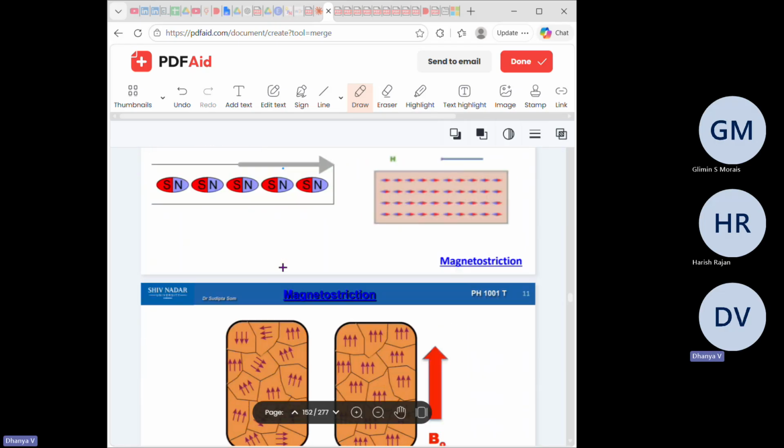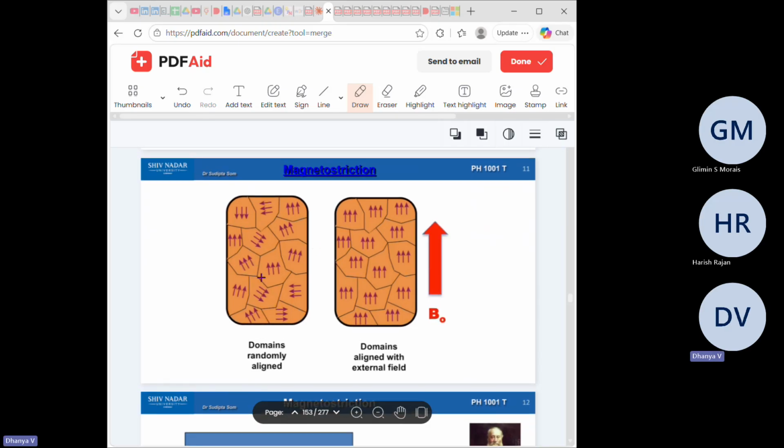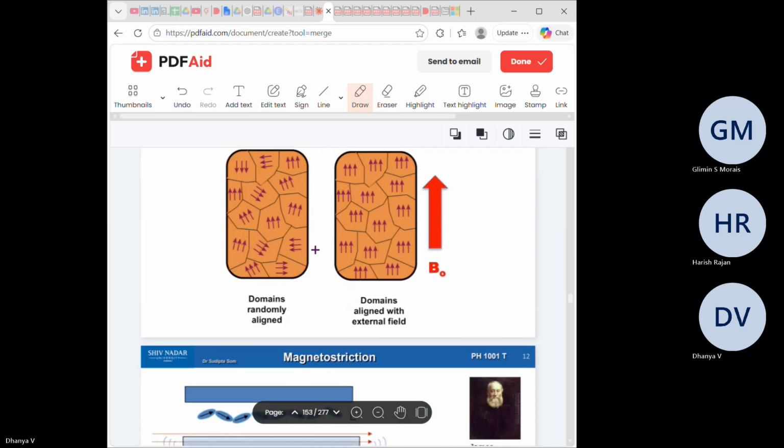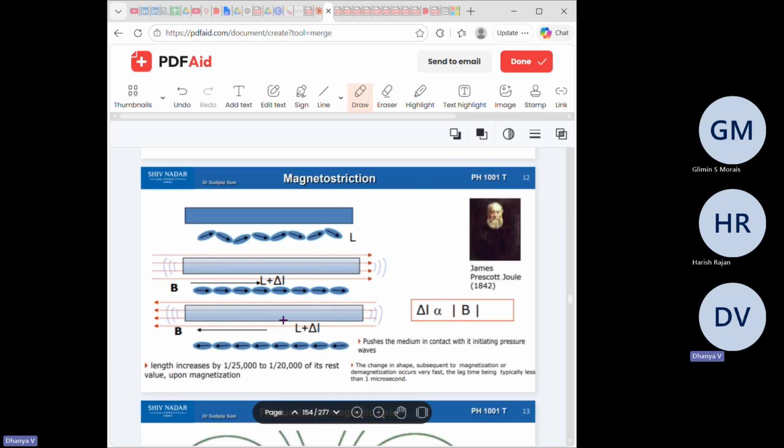If you see here, it's all scattered and then it's slightly elongated, L plus delta L. The length increases by just a small amount upon magnetization.